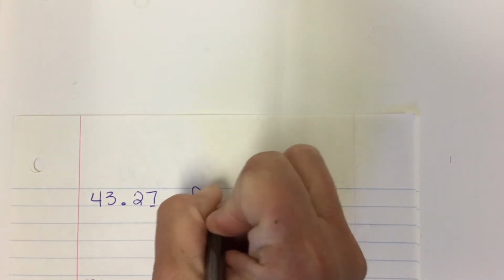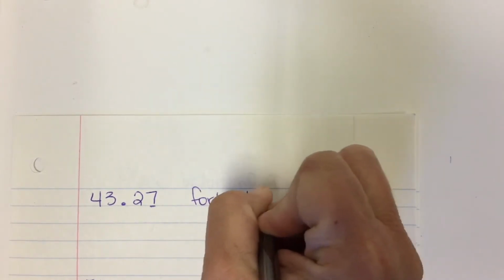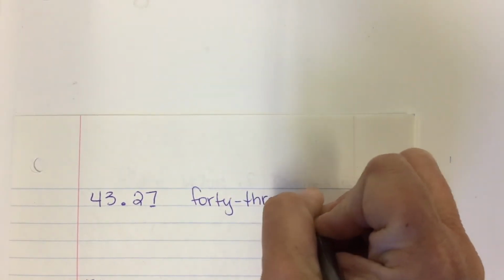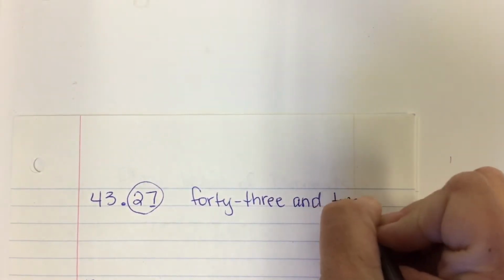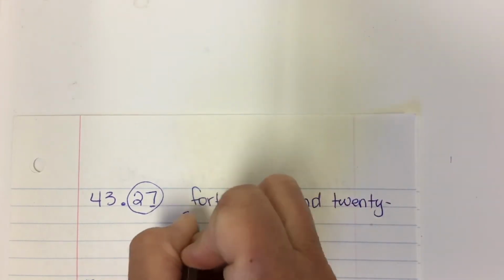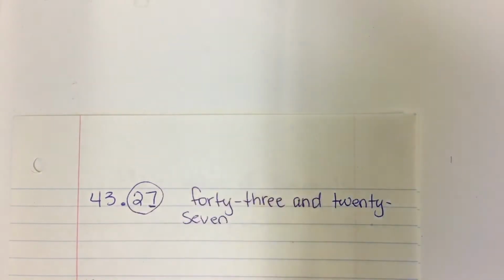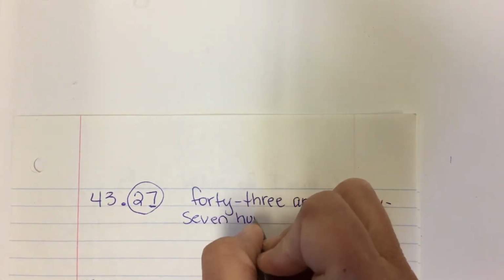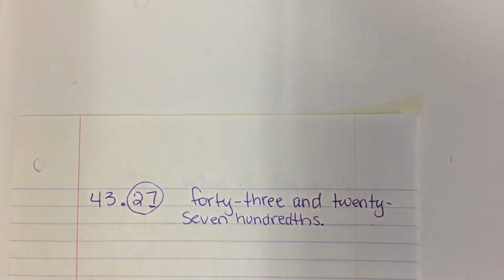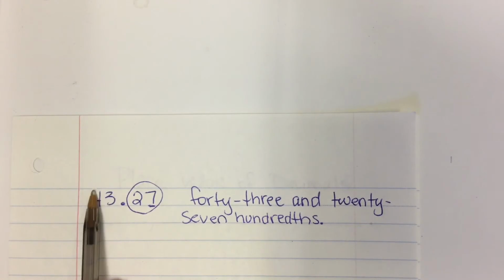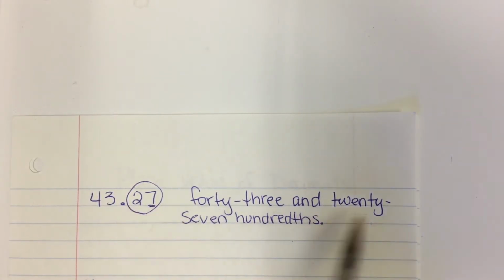So you would write 43, and this number is 27, and the 7 is in the second place, so that's the hundredths place. So I'm going to put 27 hundredths. Forty-three and twenty-seven hundredths.